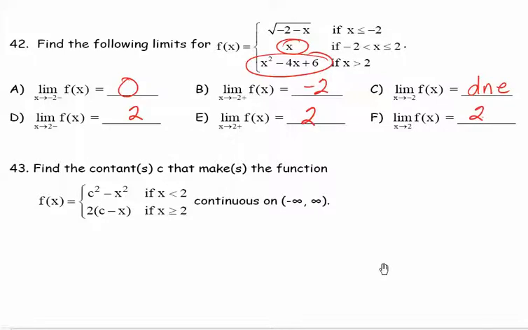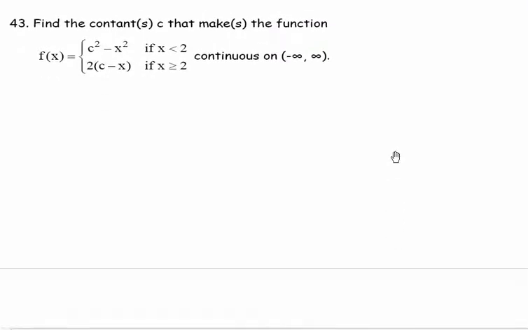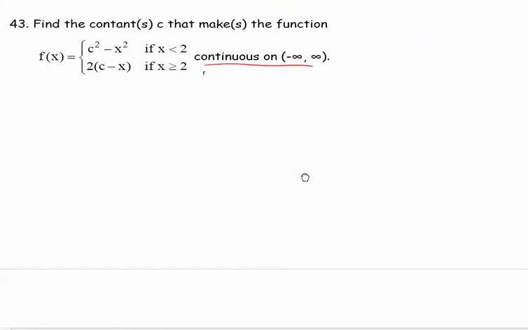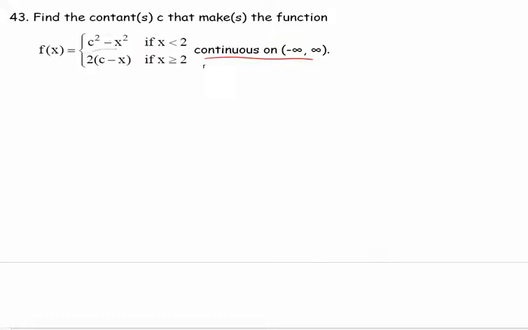Question 43, we want to find a constant that guarantees that the function will be continuous everywhere. Well, we know this is a polynomial and this is a polynomial, and we know that polynomials are continuous everywhere. So the only question in a piecewise defined function is, does one function pick up where the other one left off?